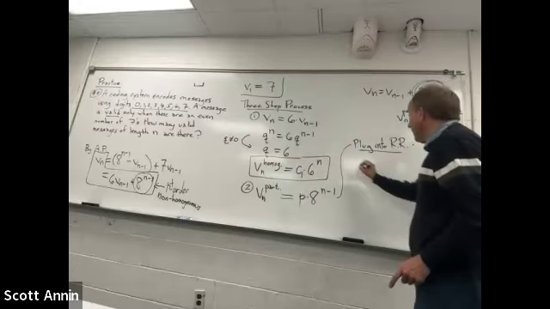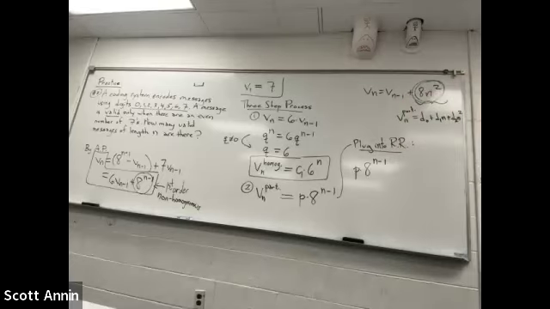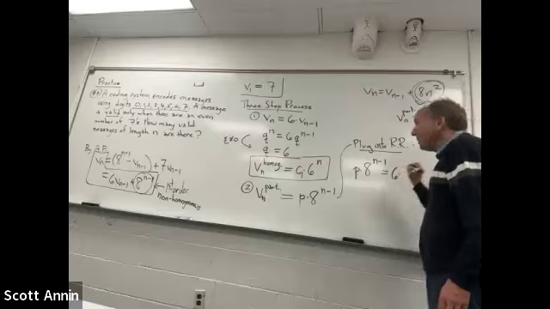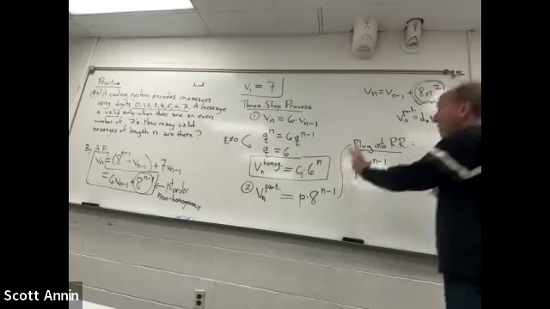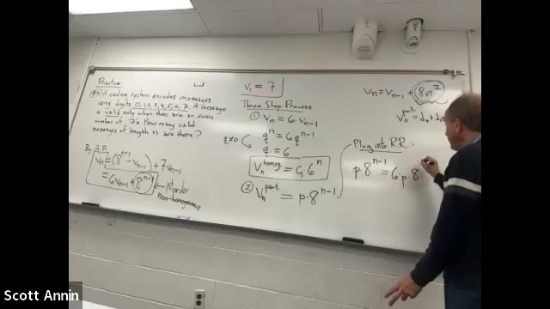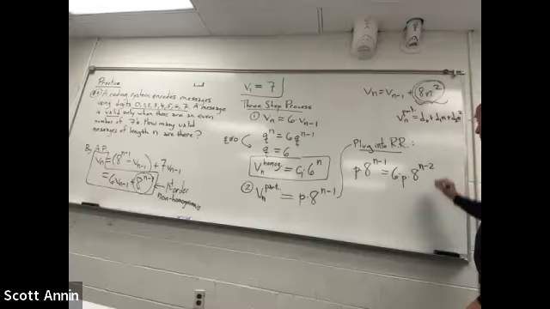On the left side, I obviously just have p times 8 to the n minus 1. And then on the right side, I'm going to have 6 times the n minus 1 version of this, which would be p times 8 to the n minus 2, and then plus 8 to the n minus 1.